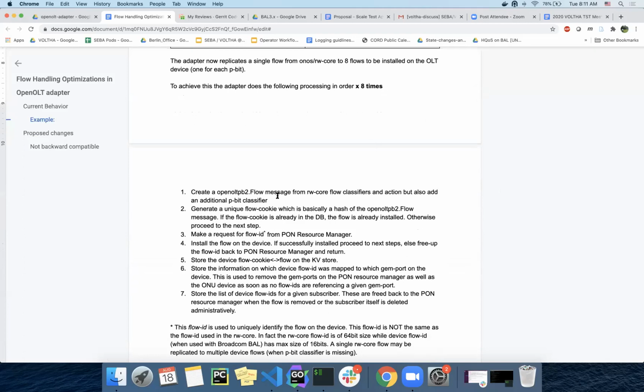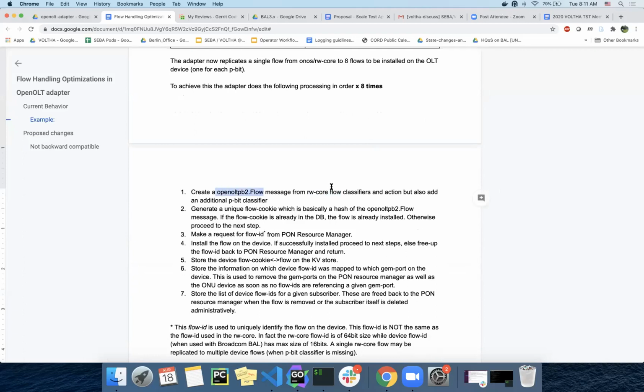So the first thing you do is derive the OpenOLT proto flow message from the read-write core flow classifier and action. This is nothing but an OpenFlow message, and this is the OpenOLT proto flow message.